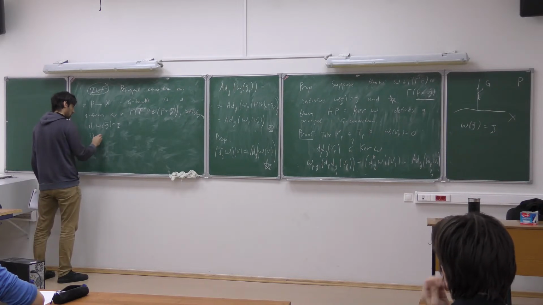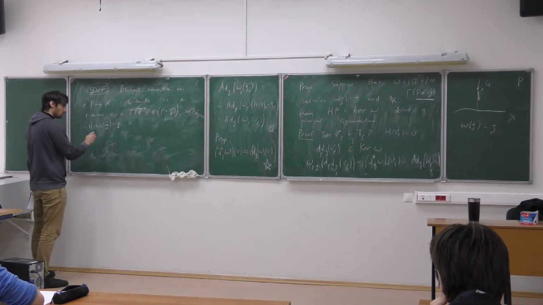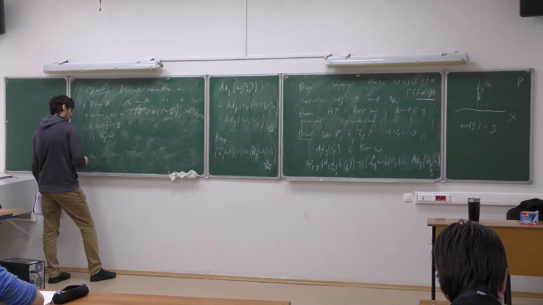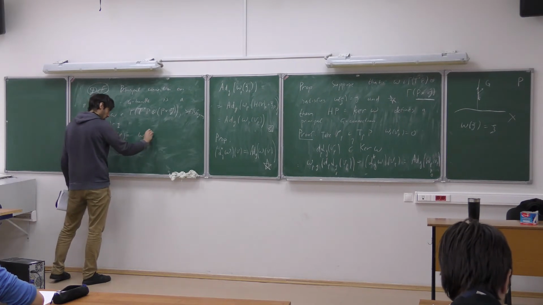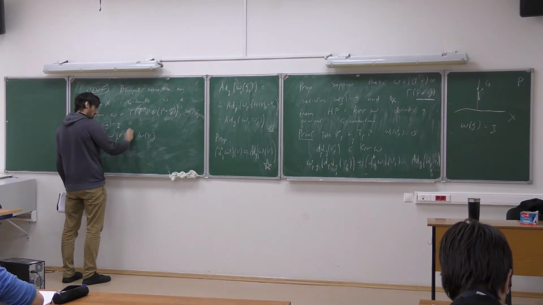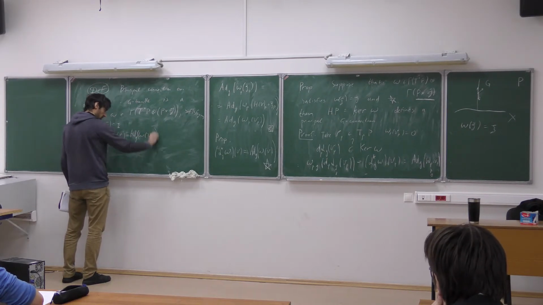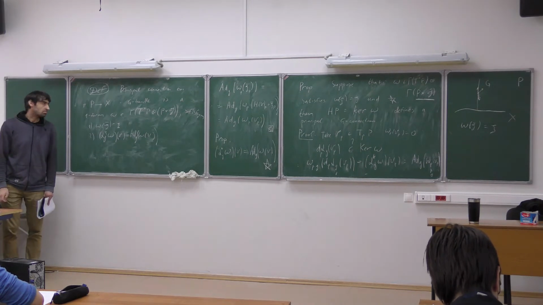Let me rewrite one more time. The pullback with respect to alpha G of omega applied to V is the same as you first evaluate at V and then take the adjoint.